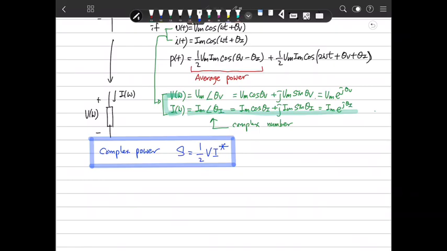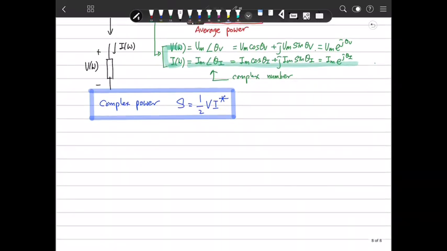So we rewrite the complex power. We define the complex power S as the voltage phasor times the current phasor conjugate.